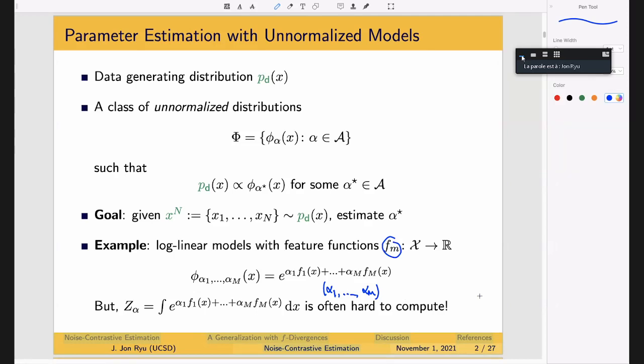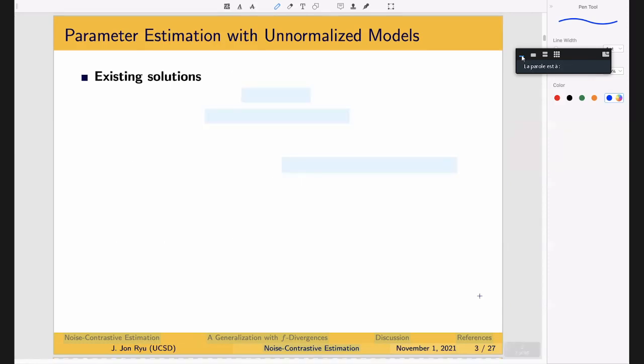This is the motivation and the problem setting. There are several existing solutions. For example, we learned contrastive divergence in the context of restricted Boltzmann machines, but this also applies to any unnormalized models.